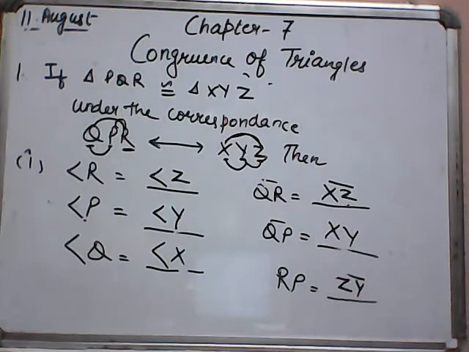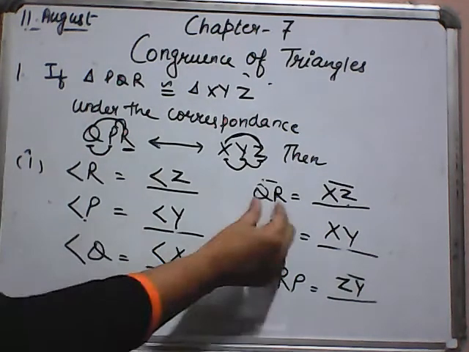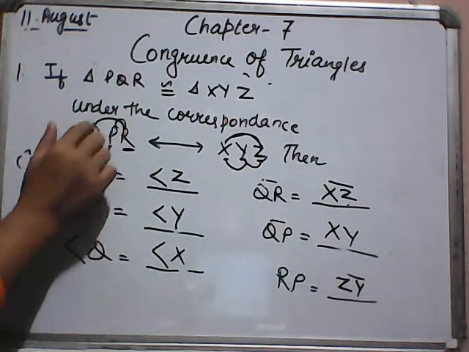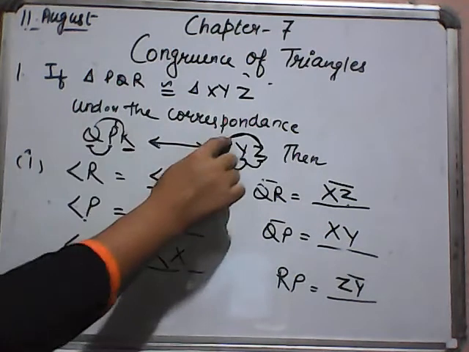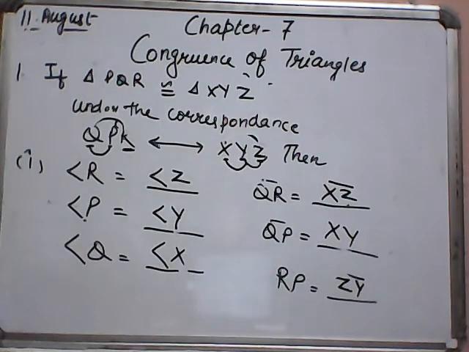In this way you have to find out the sides. You have to check the position of the vertices. Here QR means first and third vertex. In this way you can find the congruent sides, corresponding angles and corresponding vertices.